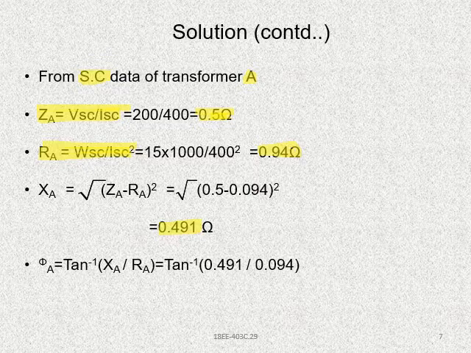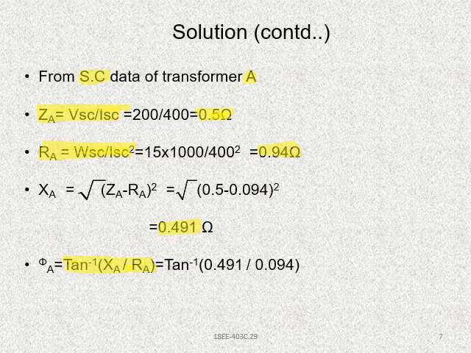And we can also find the power factor angle phi A, which is equal to tan inverse of XA by RA. So tan inverse of 0.491 by RA, which is 0.94 over here, it is 0.094 here.